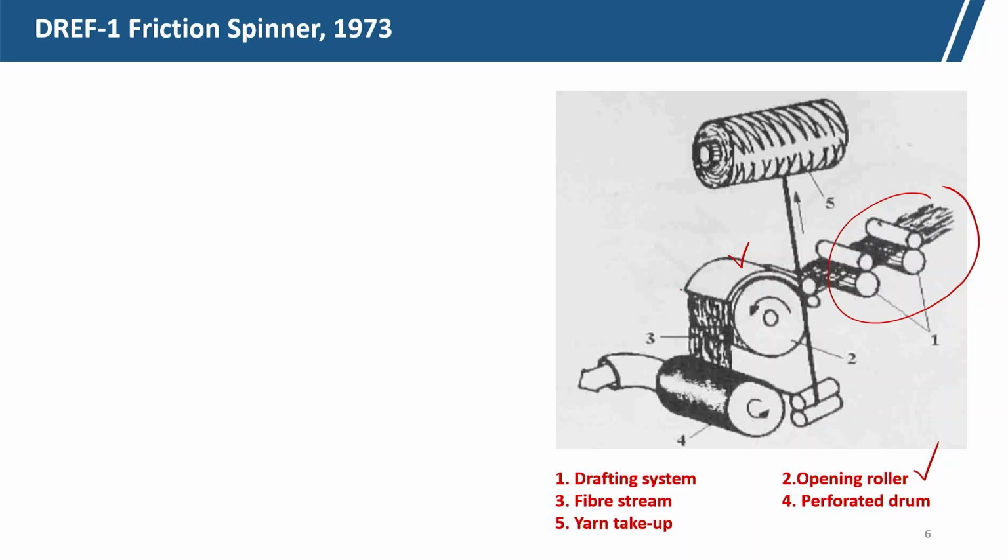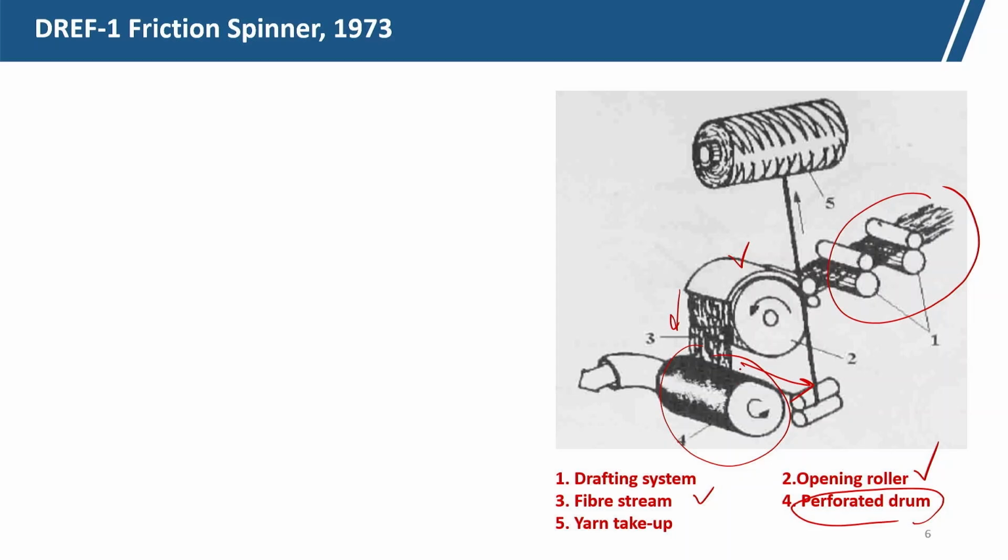and then the fiber stream is guided through a fiber transport channel onto a single perforated drum. There is a single perforated drum, and the yarn is withdrawn.